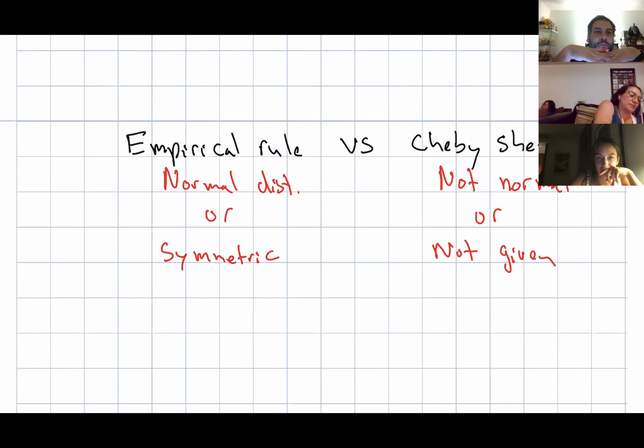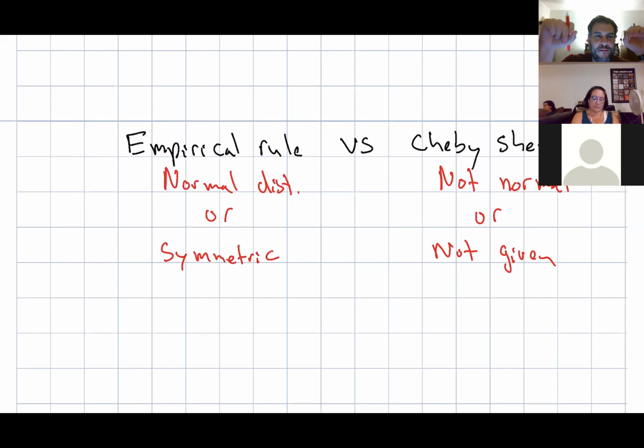Or if I don't mention anything about the distribution, that's pretty much me telling you it's not normal, because if I don't mention it, that means we don't know if it's normal or not, so you just assume it's not normal. For the empirical rule, the problem should state that it has a normal distribution or that it's symmetric. If it's the Chebyshev rule, it should say it's not normal or they don't give you that information.